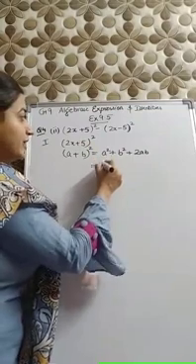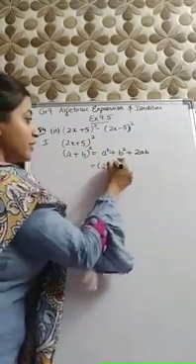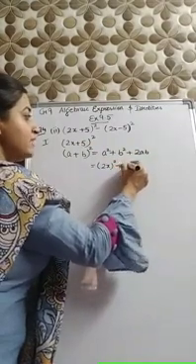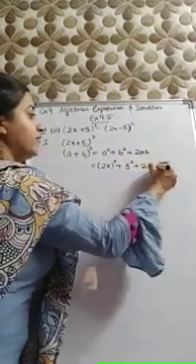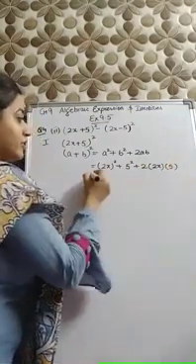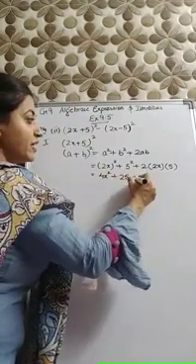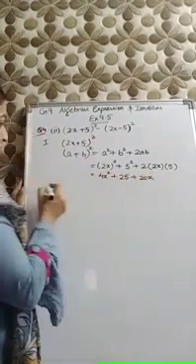So let's put the values of a and b in the right hand side. This is (2x) whole square, this is 5 square, and in this we have 2 into 2x into 5.